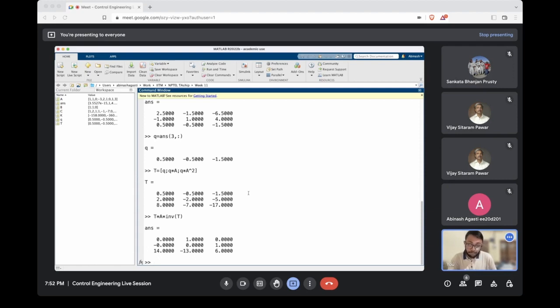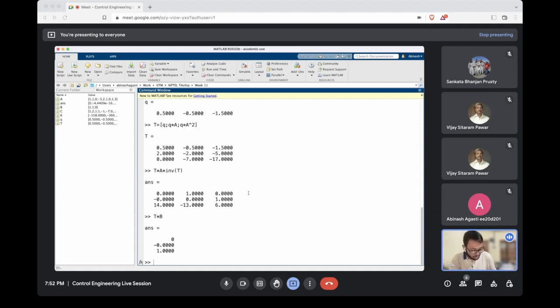And B tilde, which is nothing but T B, we can also verify. This is again just 0 0 1. So now we have the system in its controllable canonical form, correct?